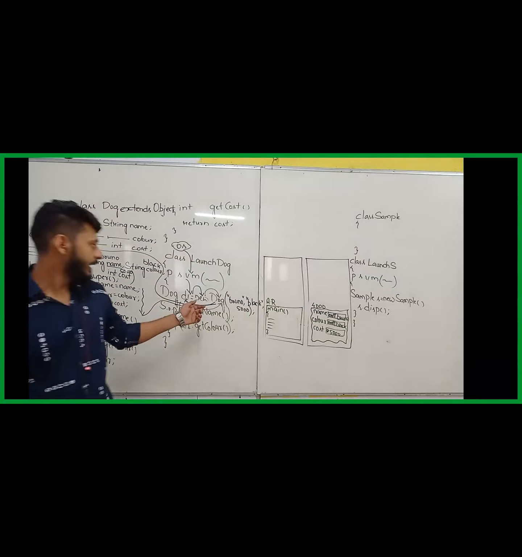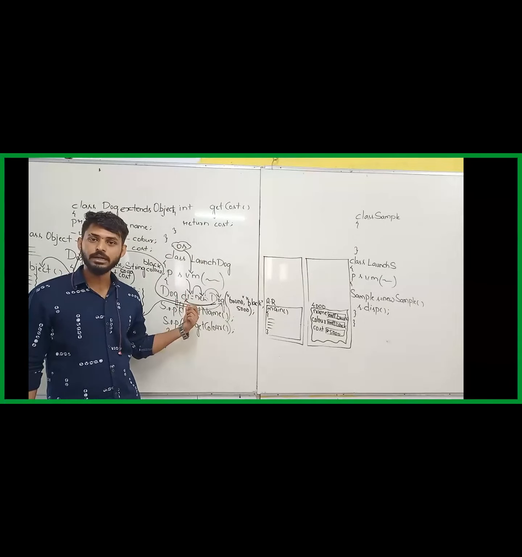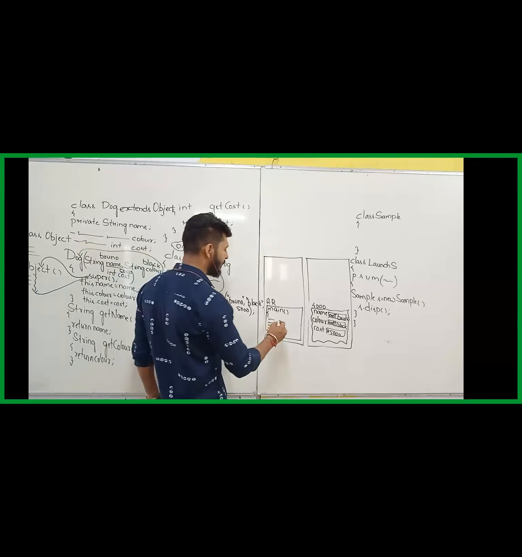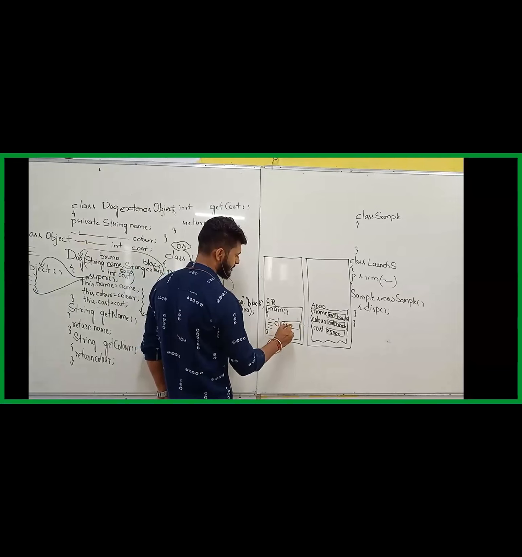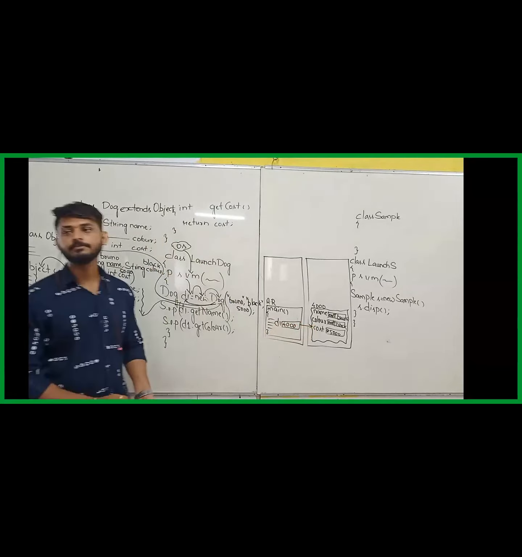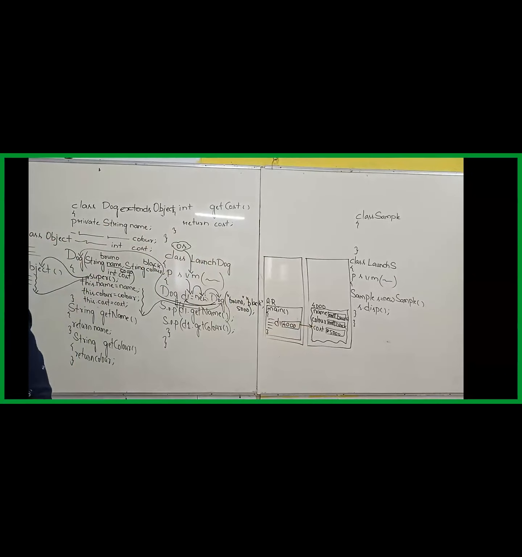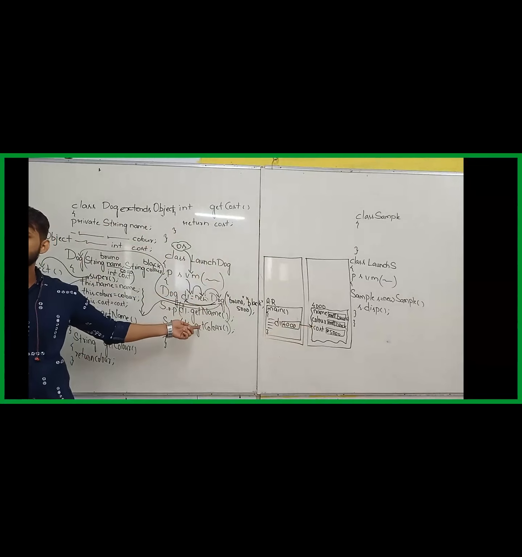It will try to create a reference of this dog object and store it in D1. Where will this D1 be created? Which means, clear? Yes or no? After that, whatever is there, D1 dot get name, create one activation record.